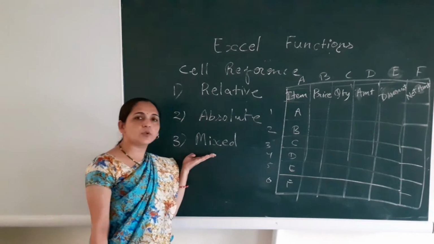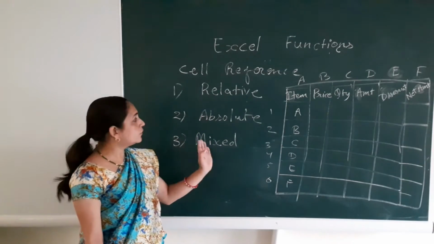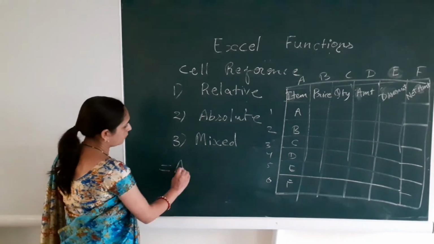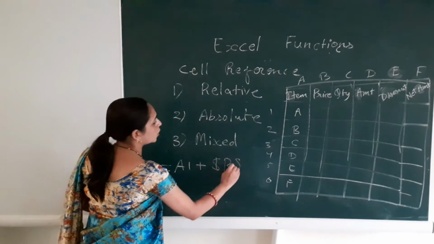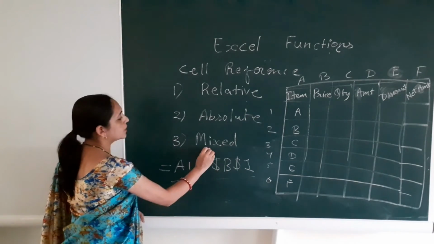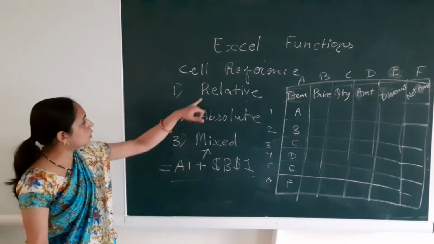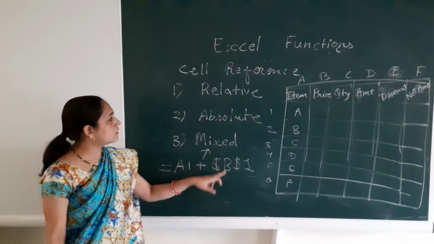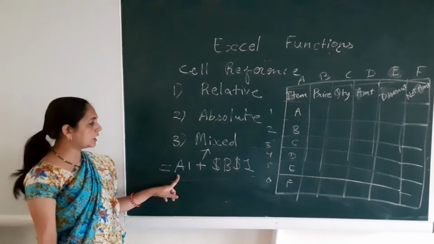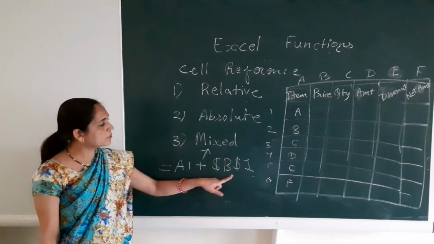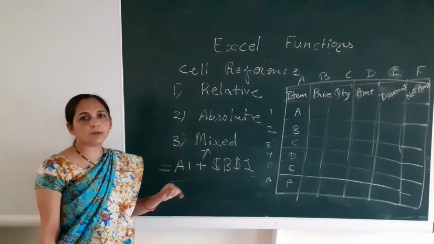In any formula, suppose you are using cell references of both types, like this A1 plus $B$1, it denotes mixed cell reference. Here A1 belongs to the relative cell reference and $B$1 belongs to the absolute cell reference. So in this formula we have used both types.